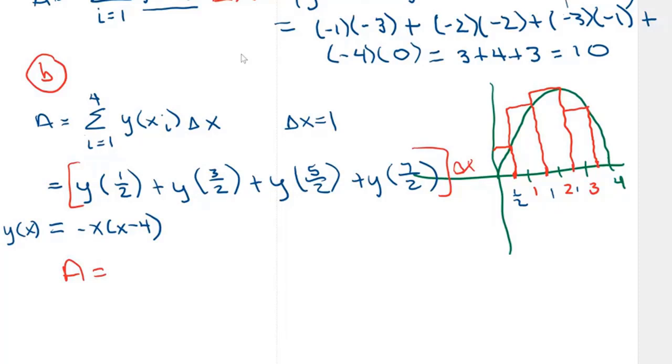So my area is equal to minus 1/2 times 1/2 minus 4, so that's minus 3.5, which is minus 7/2, plus, and then it's negative 3/2 times 3/2 minus 4, so that's 1.5 minus 4, it's 2.5, so that's negative 5/2.